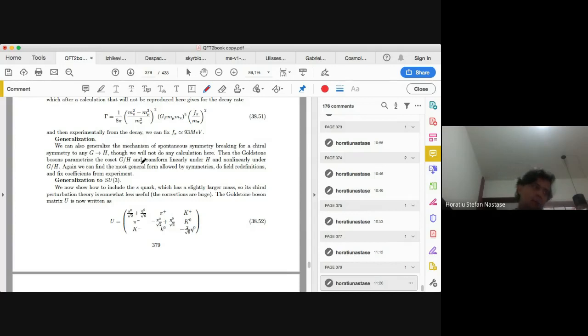Also, in a physical case, we will usually have pseudo-Goldstone bosons, since we have approximate symmetry. And again, we can write the most general form allowed by symmetries, do field redefinitions and fix coefficients from experiment.